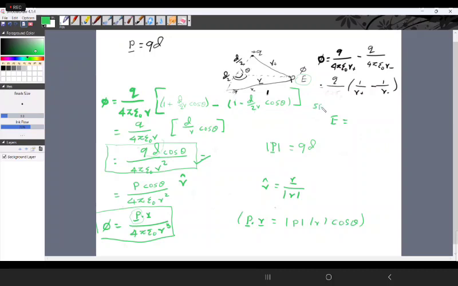Write down the spherical polar coordinates. What is the electric field E? We know that the electric field is equal to minus del phi, and in spherical polar coordinates you know the meaning of del. Can you write down the answer? Please try it yourself.